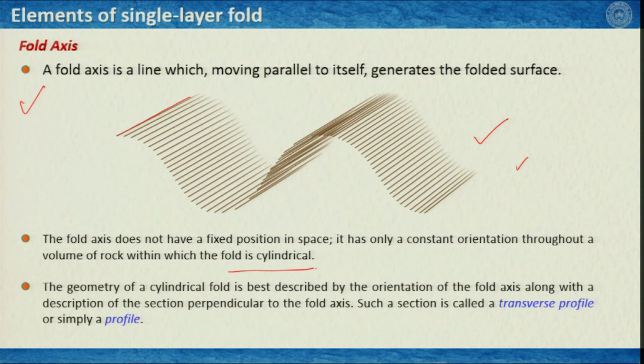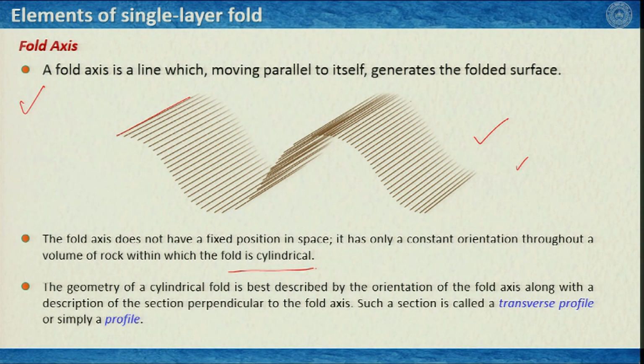Now, the geometry of this cylindrical fold, or any fold, is best described by the orientation of the fold axis, of course, because the fold axis can form the folded surface, and at the same time a section perpendicular to the fold axis. So, in other words, the geometry of a cylindrical fold is best described by the orientation of the fold axis along with the description of a section perpendicular to the fold axis.